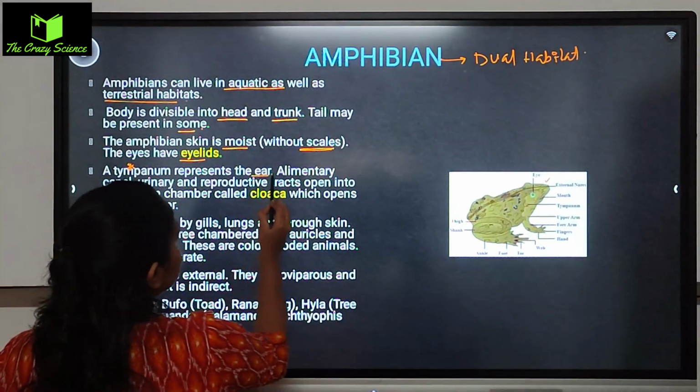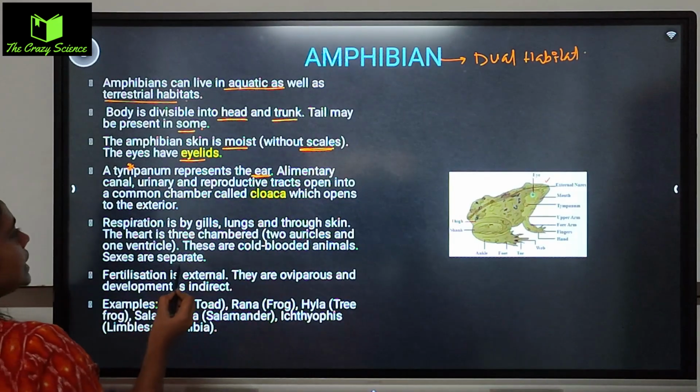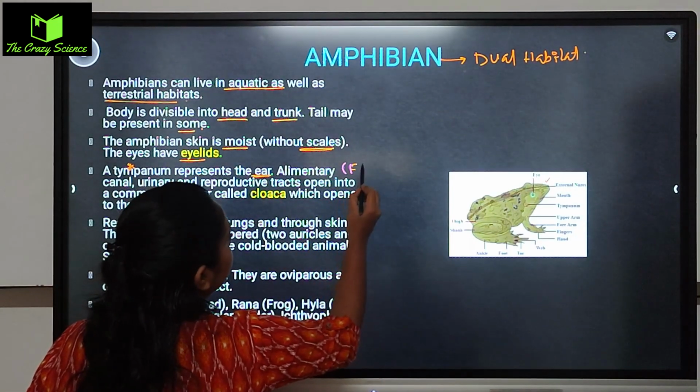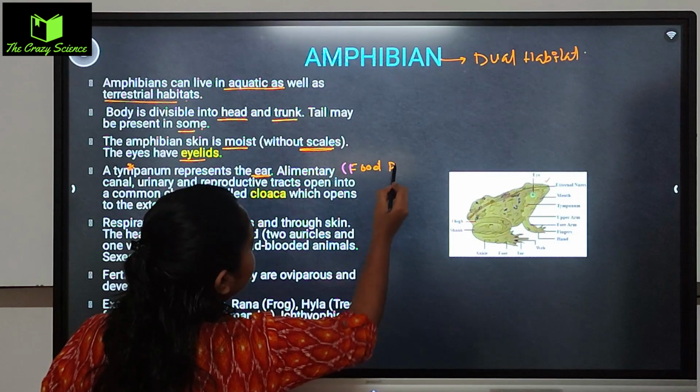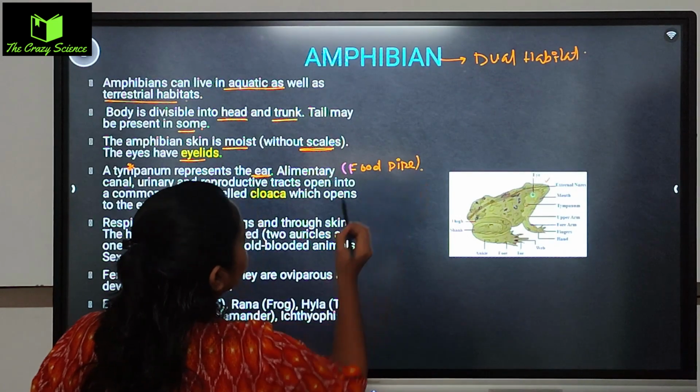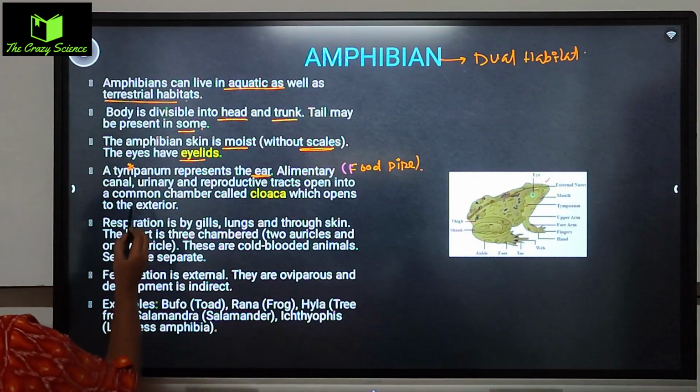It represents the ear. Alimentary canal, we are talking about the food pipe, that is the alimentary canal.